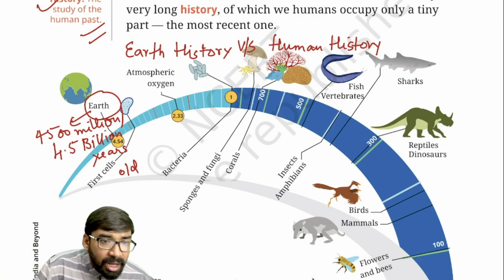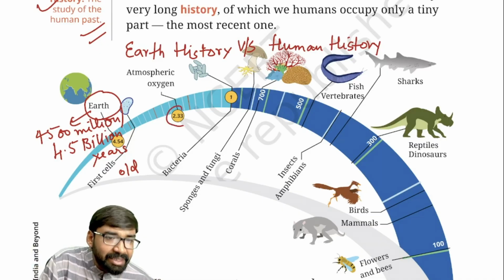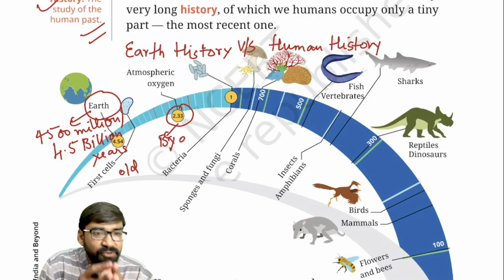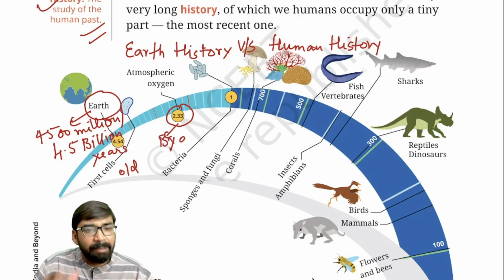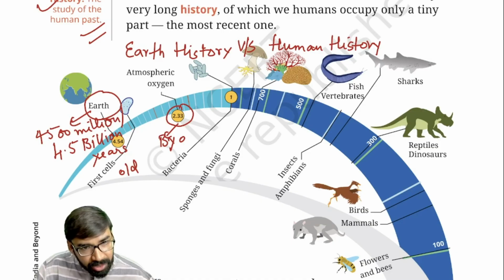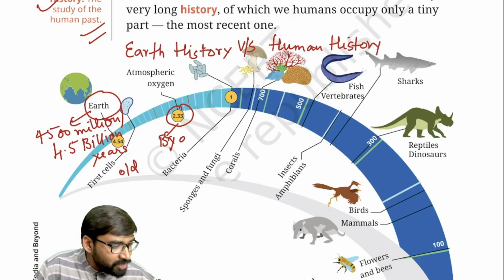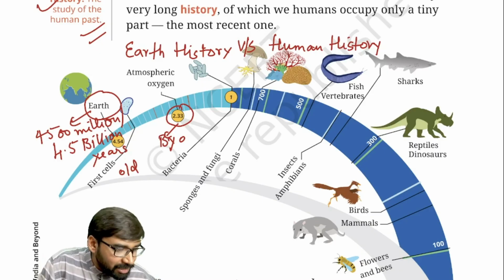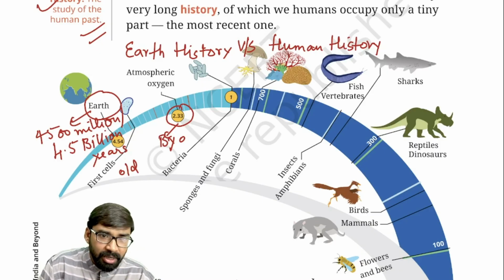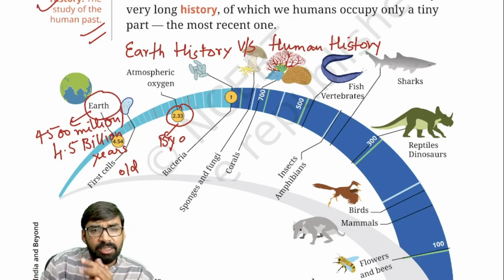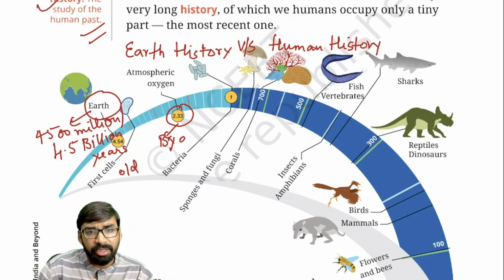Around 2.33 billion years ago atmospheric oxygen emerged. Then come to bacteria. अब समझिएगा इस चीज को. It is around 1 billion years ago that these bacteria emerged. ठीक है.